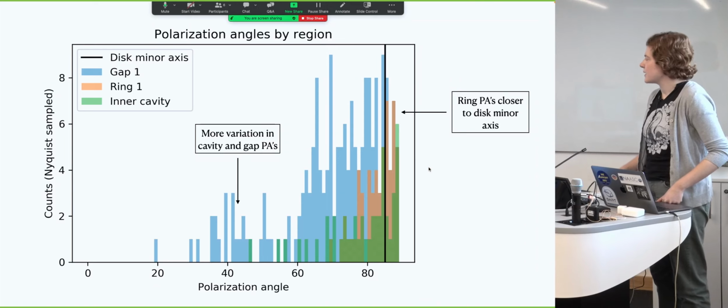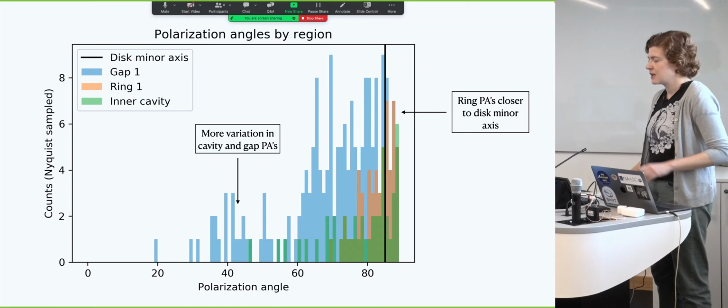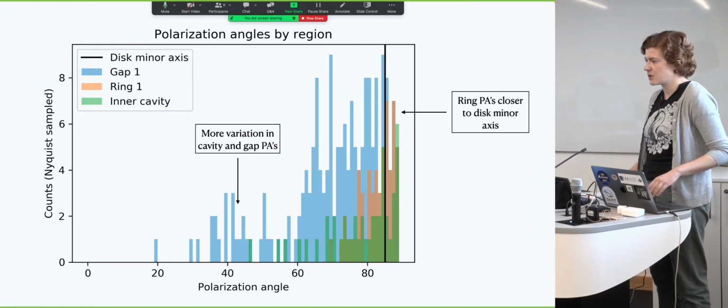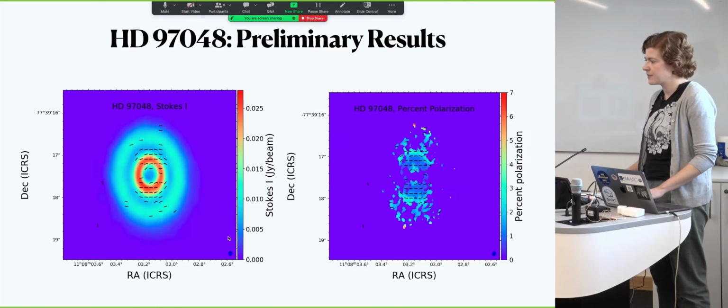We can also see that the direction of polarization is correlated with disk substructure. This histogram shows the polarization angles for the inner cavity, first ring, and first gap. You can see that in the ring, the polarization angles are more aligned with the disk's minor axis, whereas there's more variation in polarization angle in the cavity and the gap.